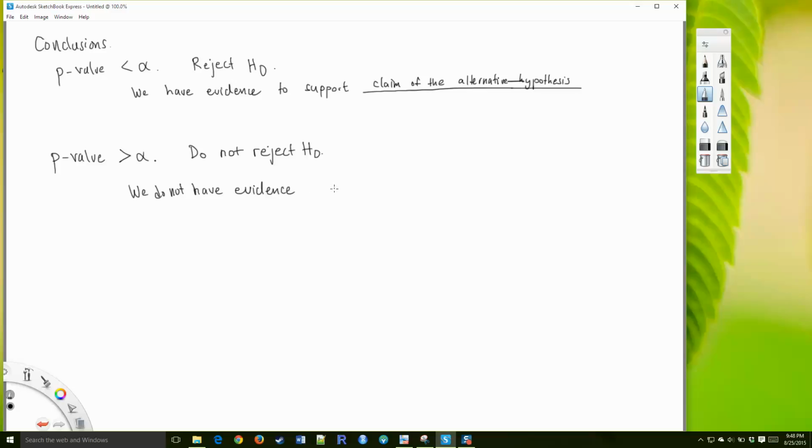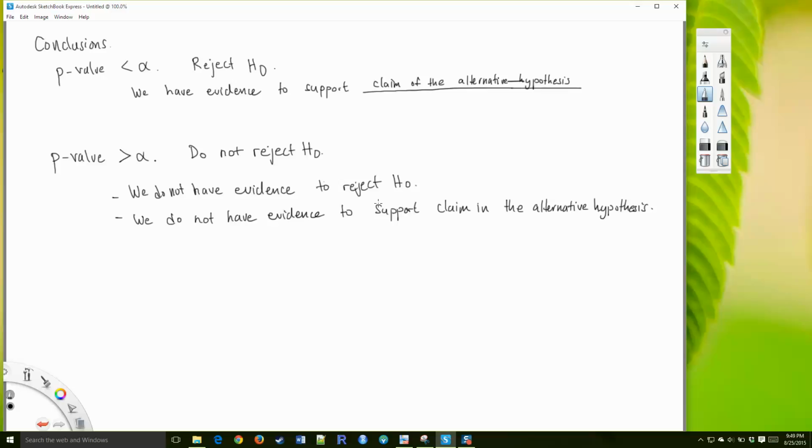We do not have evidence to reject the null, or there's two ways you can also write this: we do not have evidence to support the claim in the alternative hypothesis.